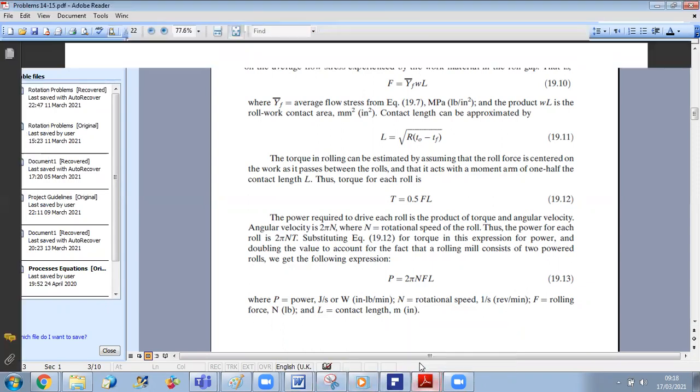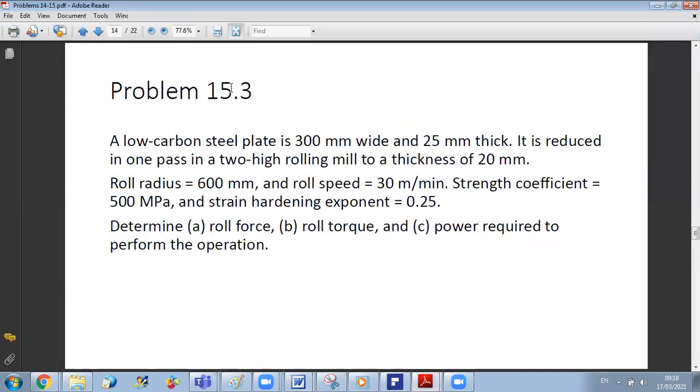So to start with, the first thing I need is to determine the roll force. We have seen that the roll force F can be calculated as the average flow stress times the width times the contact length L. And I will start by calculating Y average.